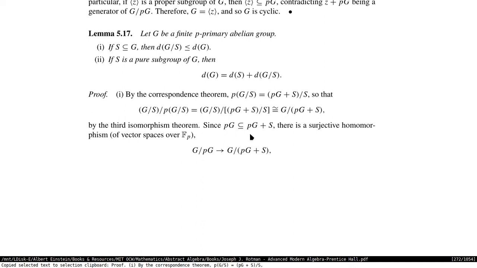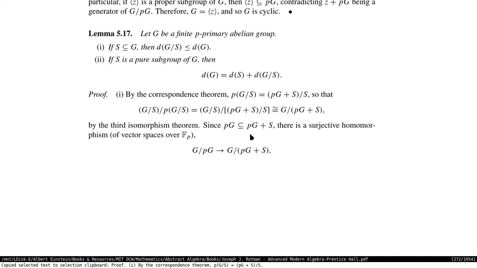Well, if we want to think about it as dimension, the dimension of the big space is equal to the dimension of the little space plus the dimension of the quotient space. Yeah. That has a real vector space flavor, right? Yep. So if you have a subspace of a vector space, then the dimension of the big vector space is the same as the dimension of the little vector space plus the dimension of the quotient.